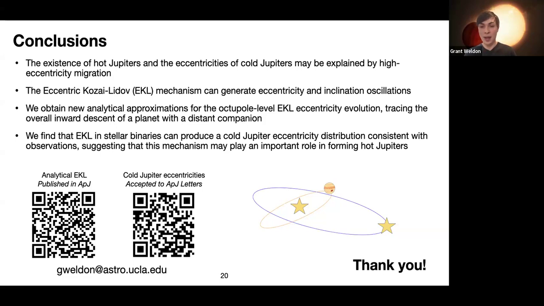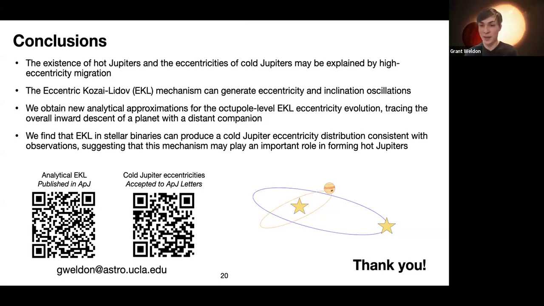We take the eccentricities of the binaries to be a uniform distribution, which we think is close to what the binary eccentricity distribution might be. To get stronger EKL effects, you generally need the binary separation to be closer and more eccentric.